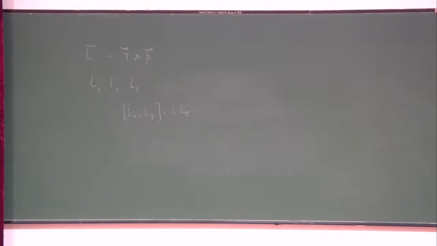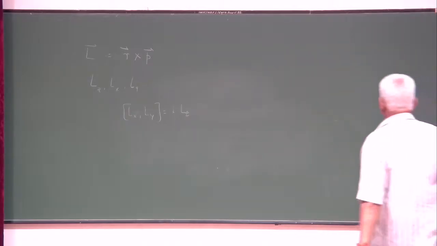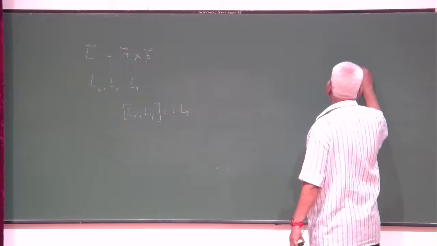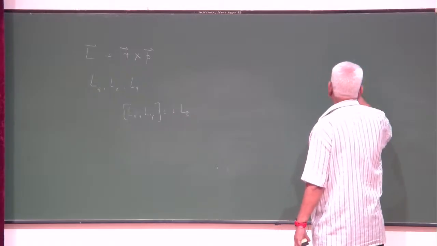Now, I have given a matrix form for that, because what is that matrix which I wrote for you? It is this matrix: 0, i, minus i, or minus i here, plus i here.